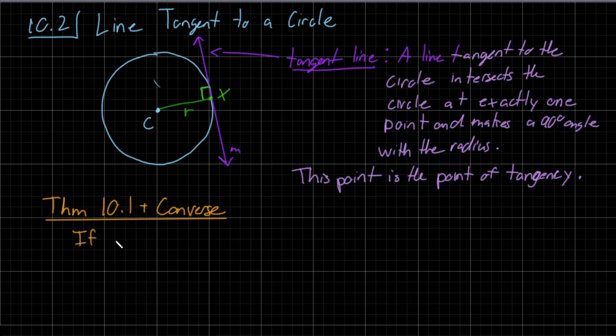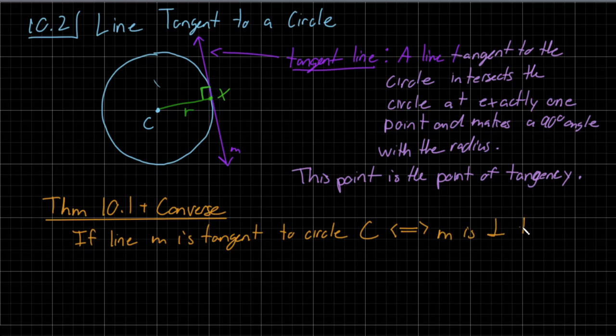So if line M from above is tangent to circle, in this case it's C, then M is perpendicular to CX, which in this case is our radius.